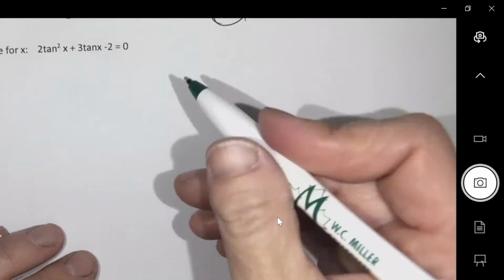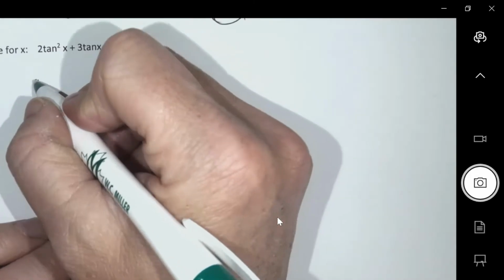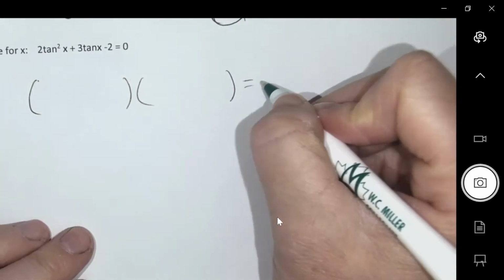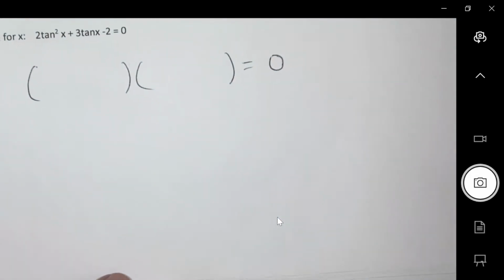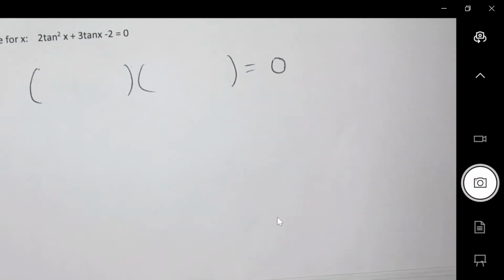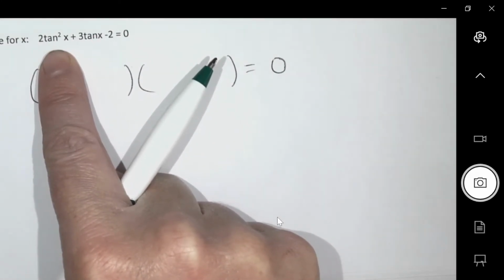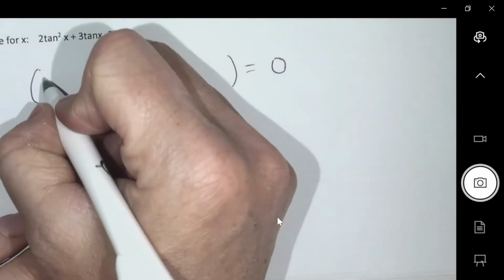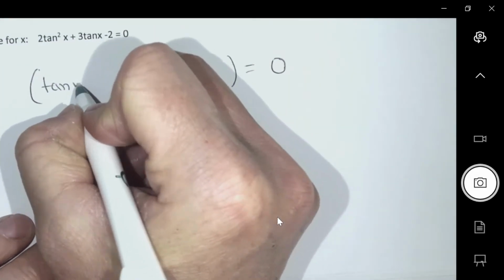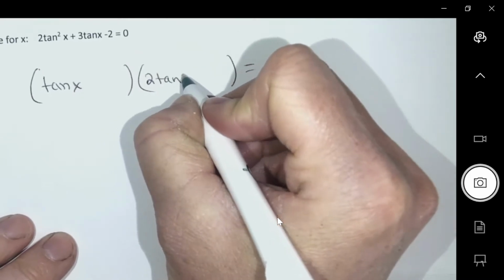All right. So I think this is a complex one. Can we do some trial and error here? We can figure this out. What's the only way to make 2 tan squared? What do you have to multiply together? 1 tan x and 2 tan x.